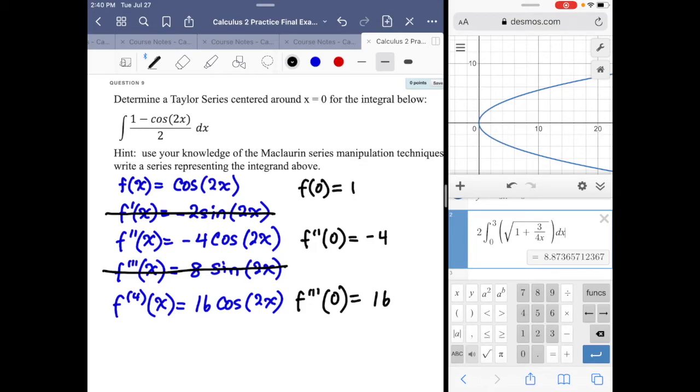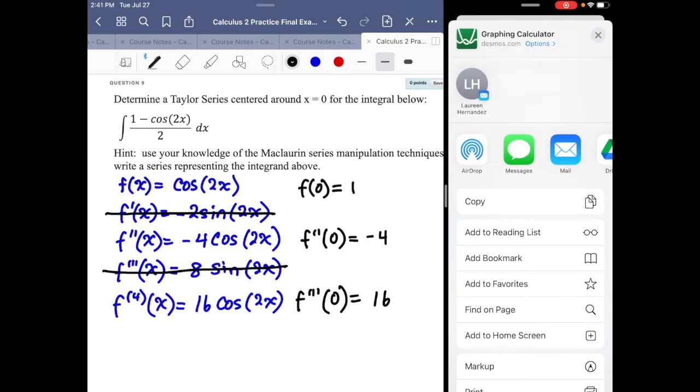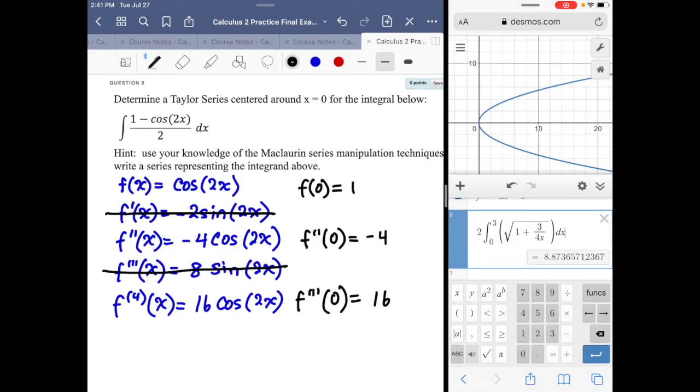All right, so it's alternating, but we have the power of 4 thing going on here. So we could say 4 to the 0th, 4 to the 1st, 4 to the 2nd, and so on.